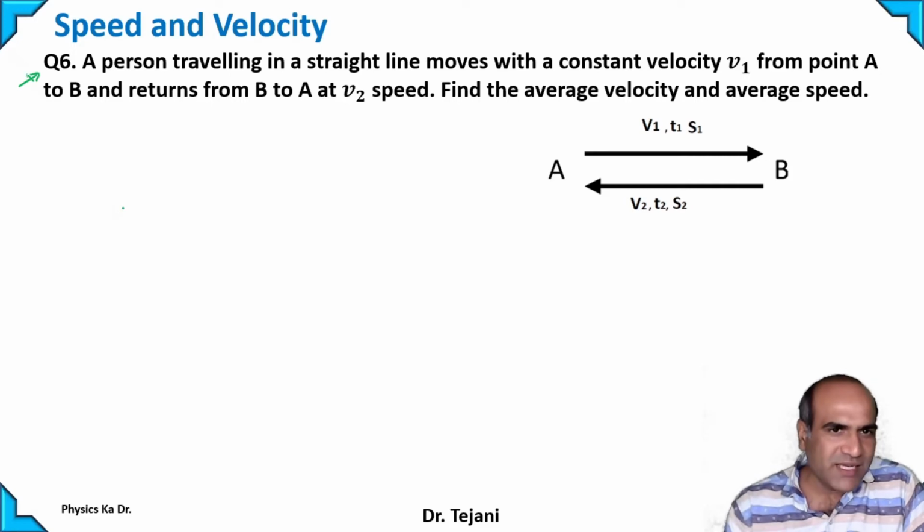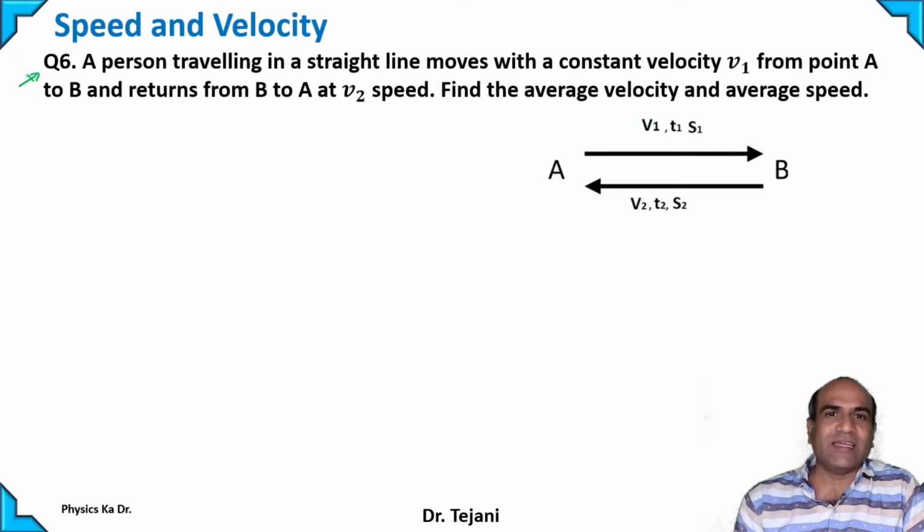So question number 6 is given: a person traveling in a straight line moves with a constant velocity v1. So the person is starting from this position, moving with some velocity v1 from point A to B, and returns from B to A with velocity v2, right?